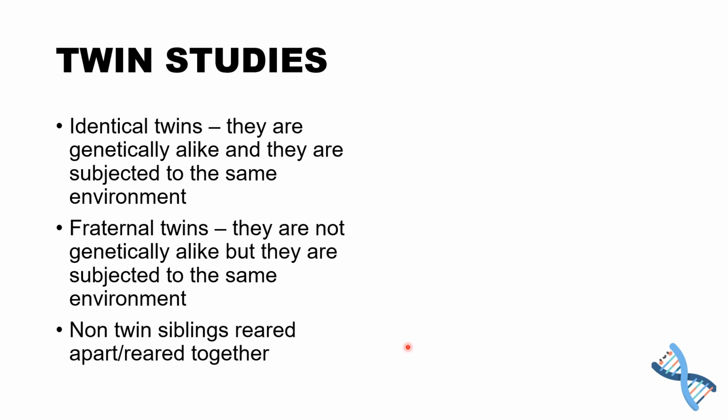So identical sila because they have the same gene at they experience the same environment. Now when we say fraternal twins naman, they are not genetically alike but they are subjected to the same environment. Hindi sila magkapareho ng gene, pwedeng lalaki or babae na twins yon, pero they are subjected to the same environment.